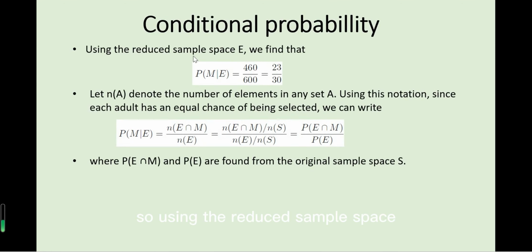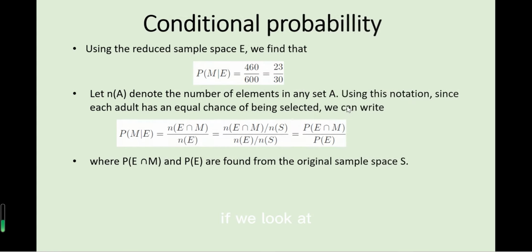If we use the reduced sample space method, we find the probability of M given E, which means that if we know this person is employed, the probability that he is a man. We have to choose from the employed sample space. This is the reduced sample space because there are 600 people employed in total.